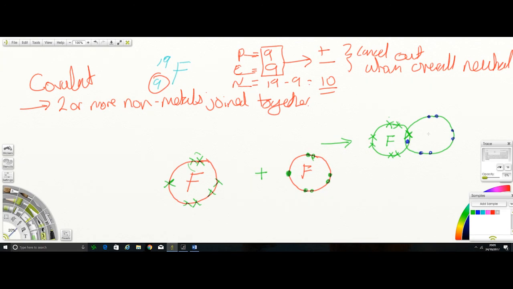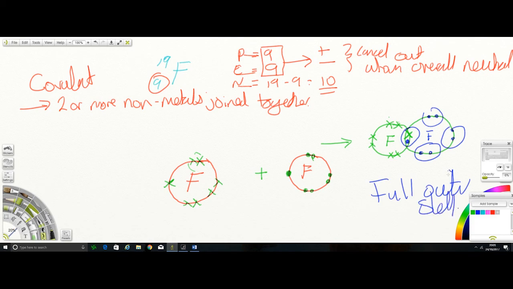So this fluorine has in total 2, 4, 6, 8 electrons, which is a full outer shell, which is brilliant because it's more stable now. And this other fluorine has 2, 4, 6, 8 electrons as well.